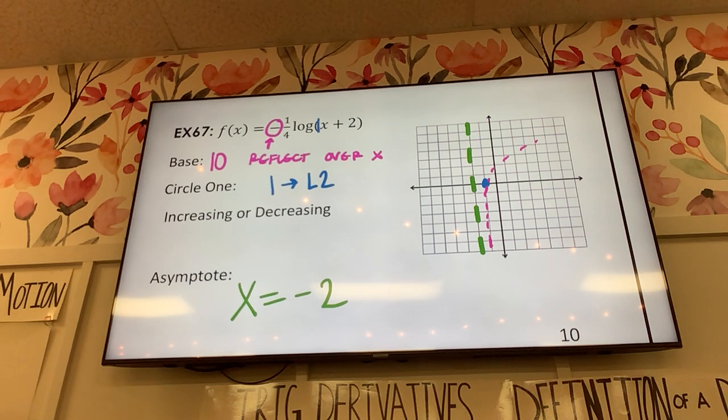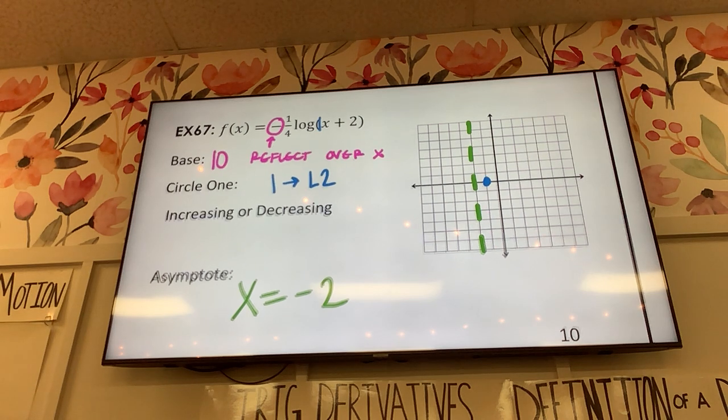Let me delete all these guys. So that negative is going to reflect it and make my growth look like a decay. The negative inside isn't going to change that. The negative on the inside is just going to flip it over the asymptote. The negative on the outside is going to turn your growth into a decay.